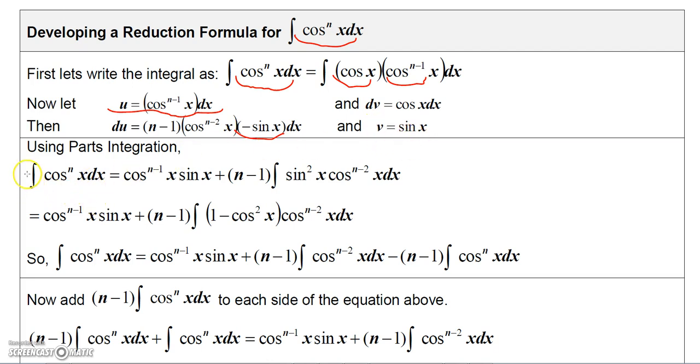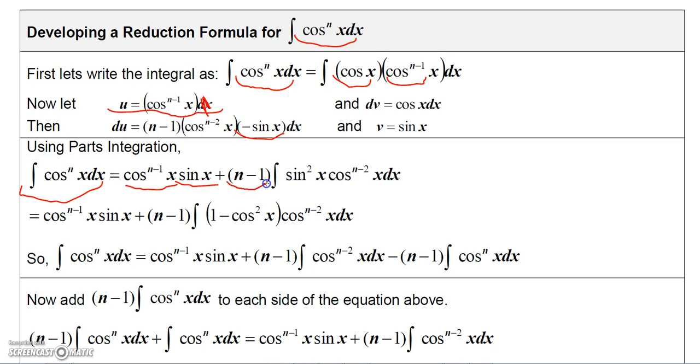So using parts integration, now I can write this as, if I do uv, the u would be the cosine to the n minus 1, so it would be this factor, and then the v would be sine x, so there's your uv, and then plus n minus 1.